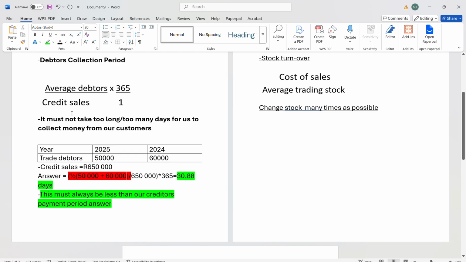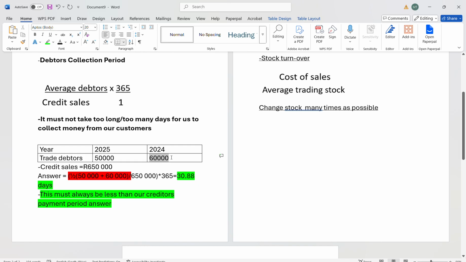So you write down the formula: average debtors over credit sales multiplied by 365. Then you calculate your average debtors. In this question, you are not given the average debtors directly, you have to calculate it. To calculate the average in accounting, you take last year's figure plus this year's figure, then you divide by 2.